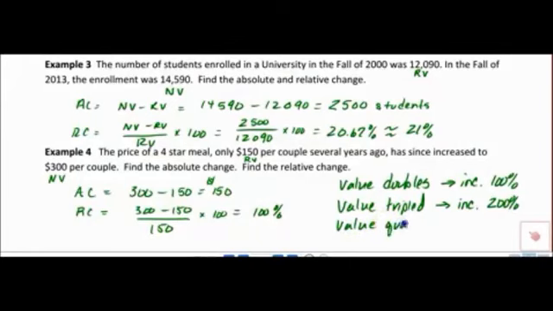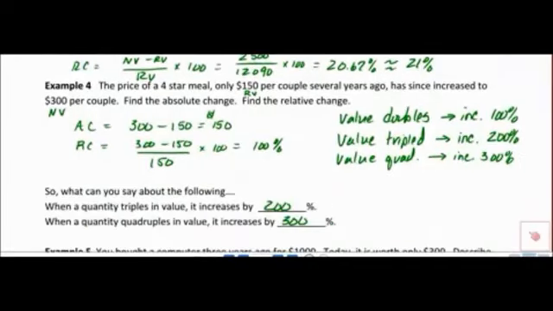If a value quadruples, then that's an increase of 300% because it's the original plus 3 times the original. So we can fill out these two values. When it triples in value, it increases by 200%. When it quadruples in value, it increases by 300%.